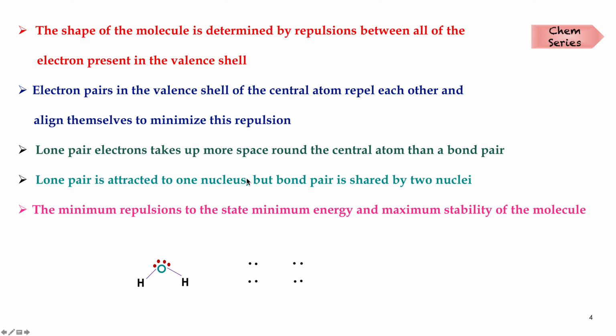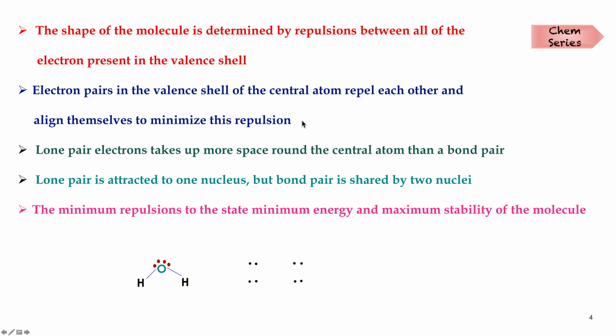Fine. So I will come to the postulates. The shape of the molecule is determined by the repulsions between all the electrons present in the valence shell. The electron pairs in the valence shell of the central atom repel each other, as I told before, and align themselves to minimize this repulsion.